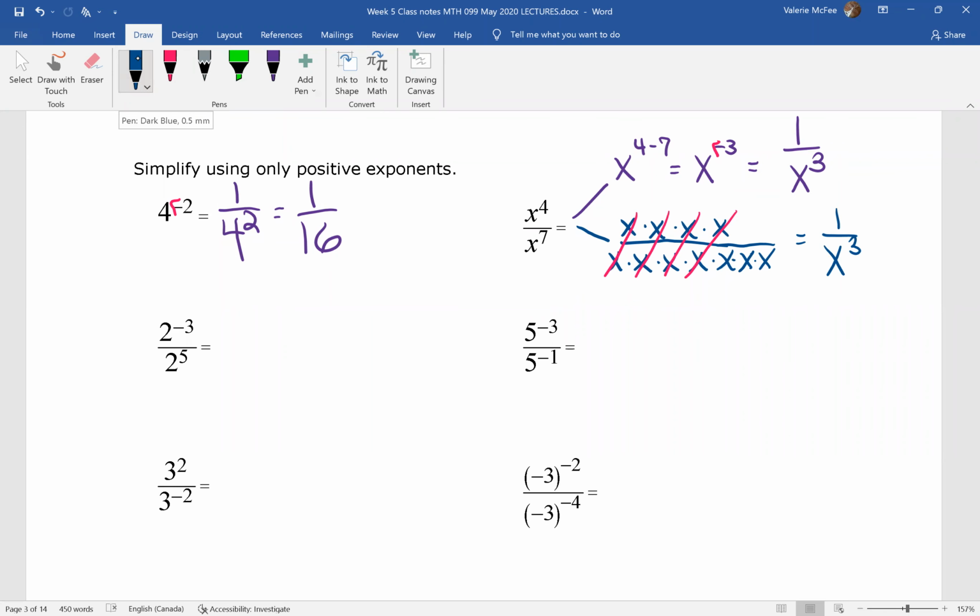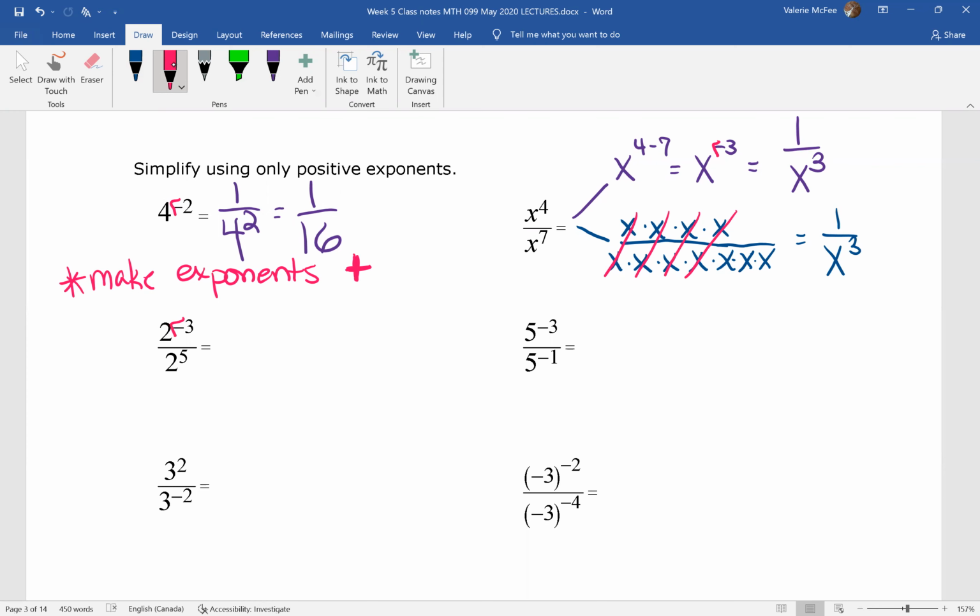Let's talk about the next two. I'm going to suggest that your first step should always be to make all exponents positive. You don't have to do it in this order, but I think that it's an easier way to think about it. People have difficulty with negative numbers, so let's make them positive.